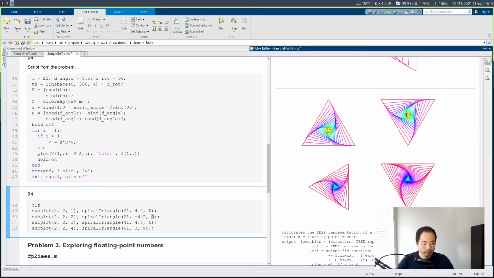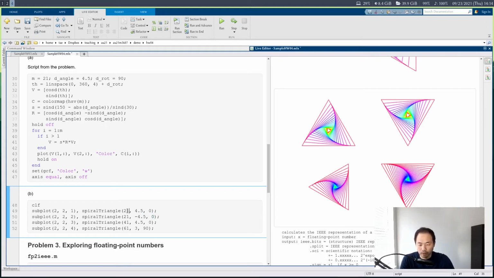So this is the positive x-axis, and the initial vertex of the outermost triangle is 90 degrees from the positive x-axis. So how do we know that that's 90 degrees?